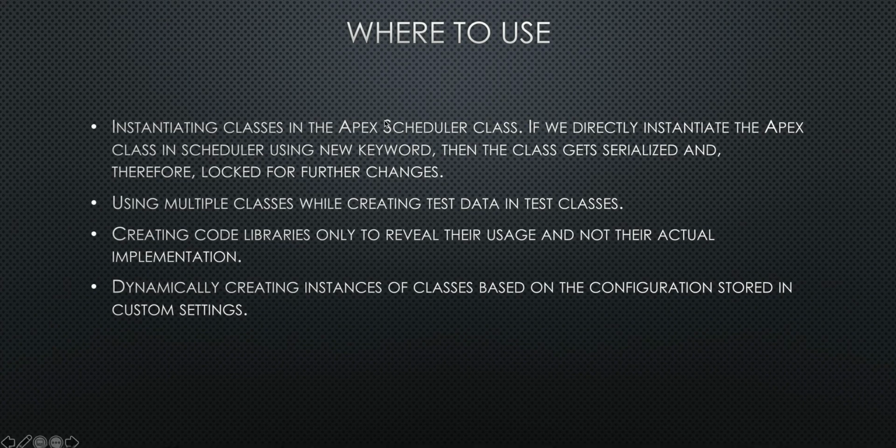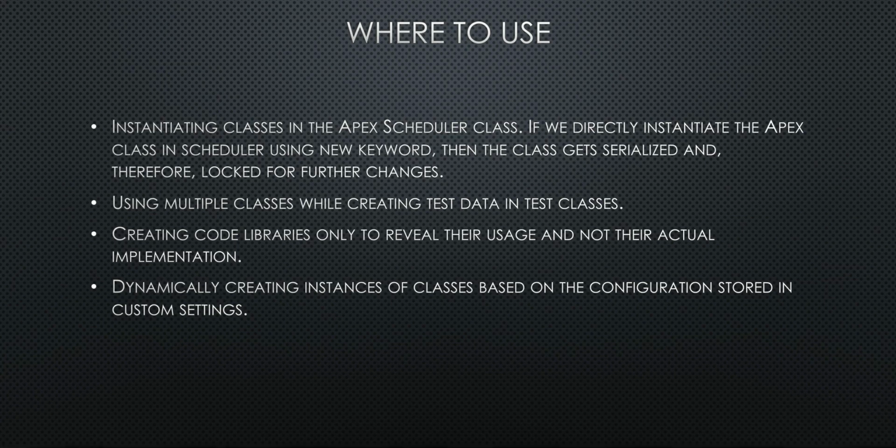One is in the Apex scheduler class. If we directly instantiate the Apex class in a scheduler with the new keyword, then we know the class is serialized and therefore locked out for further changes. This is not the case if we use a creational design pattern. We can use it in test classes to have multiple ways to create the test data.